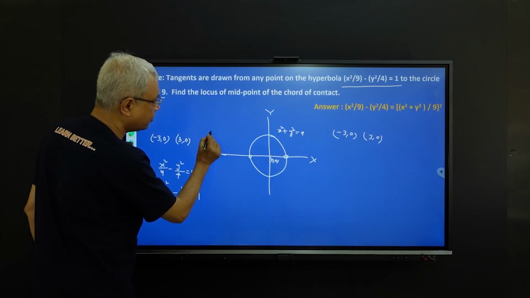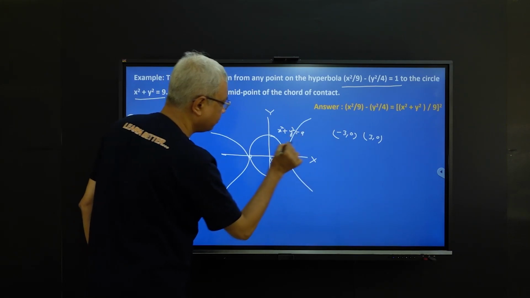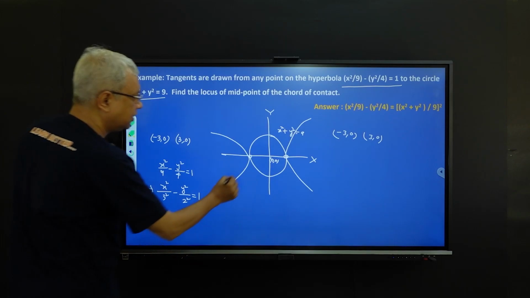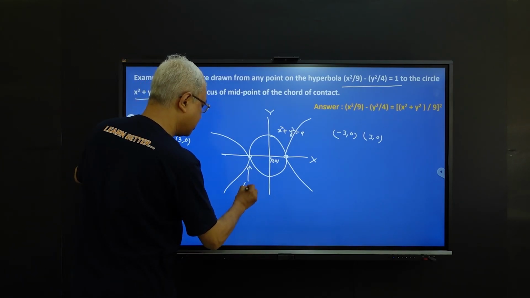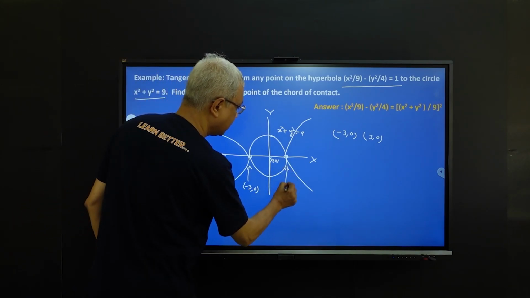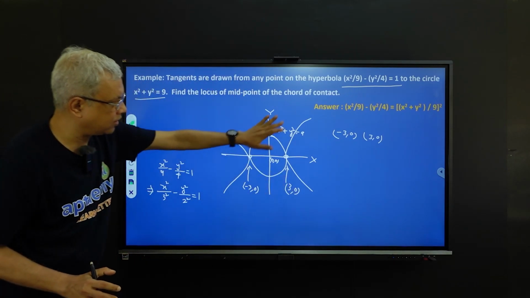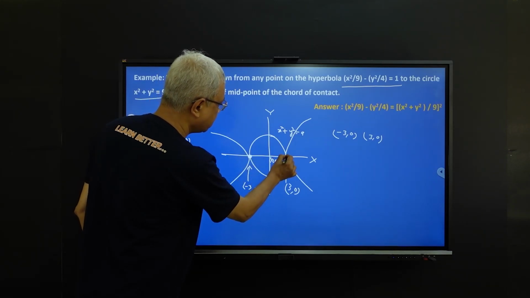So the hyperbola will look like this, two branches of the hyperbola, and this point's coordinate is minus 3, 0, and this point's coordinate is 3, 0. So the look of hyperbola is this one, and look of circle is this, and they have common points.